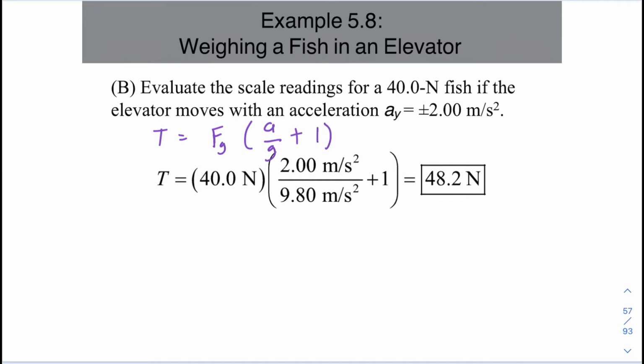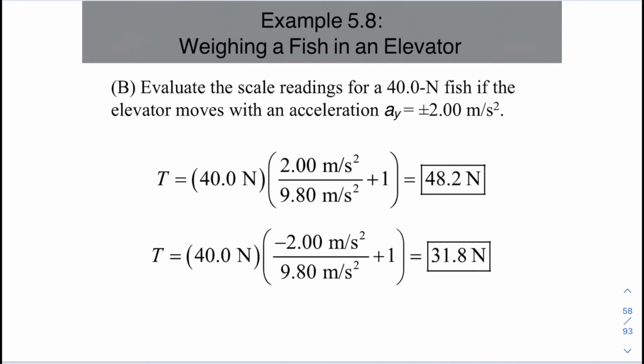From this equation, we will get 48.2 Newton. As we know, this is actually not the true reading of the weight. This is apparent weight. Now, if we use negative 2 meter per second squared, moving downward, the reading of the T will be 31.8 Newton. Apparently less, right?